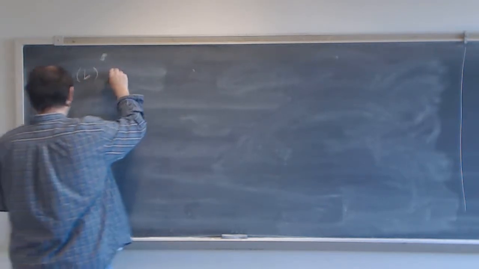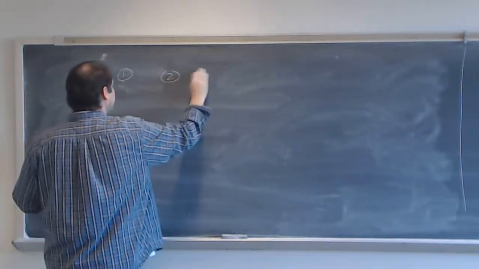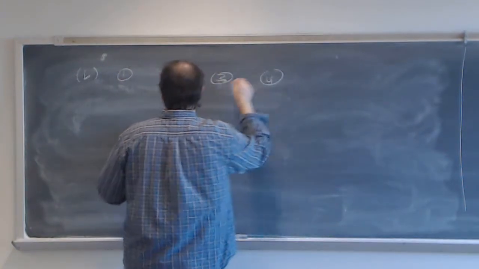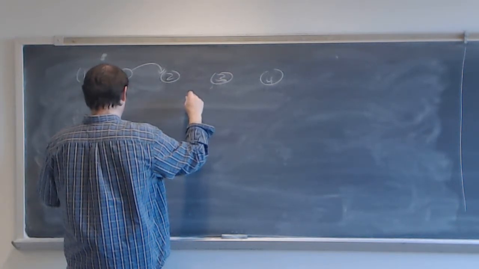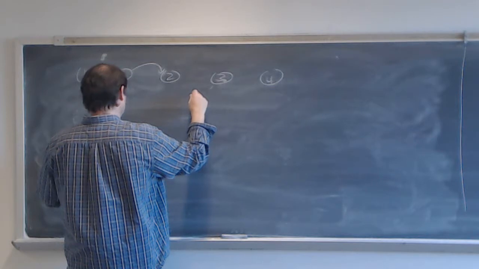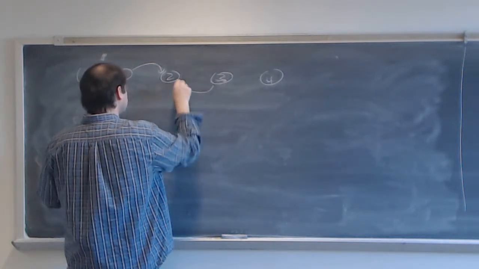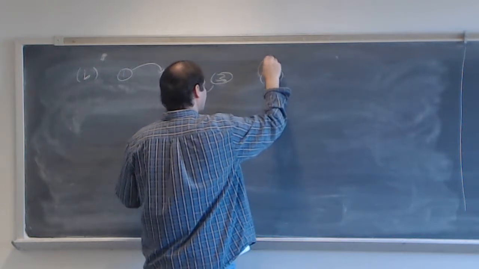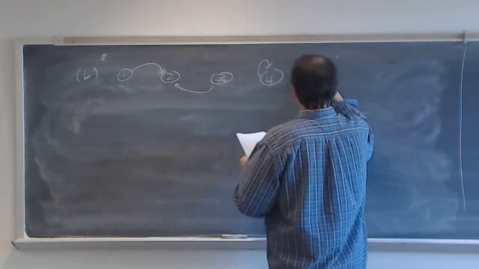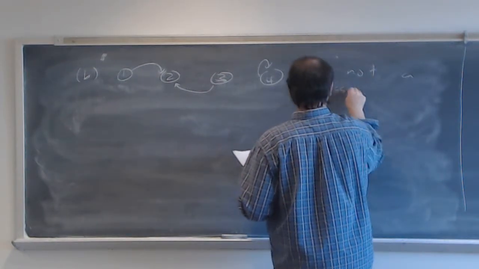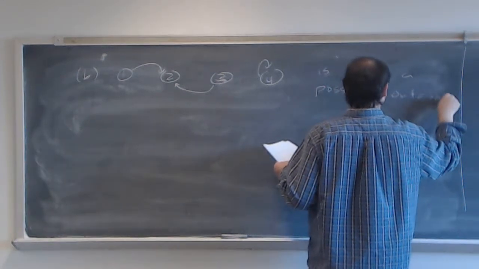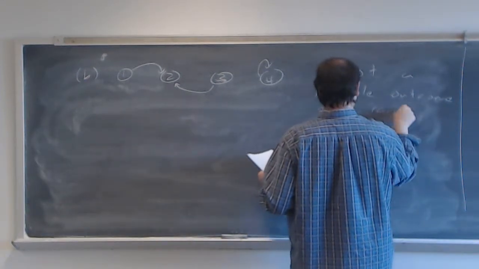Another example: 1, 2, 3, 4. 1 goes to 2, 3 goes to 2, and 4 has a self-loop. This is not a possible outcome of a random graph.